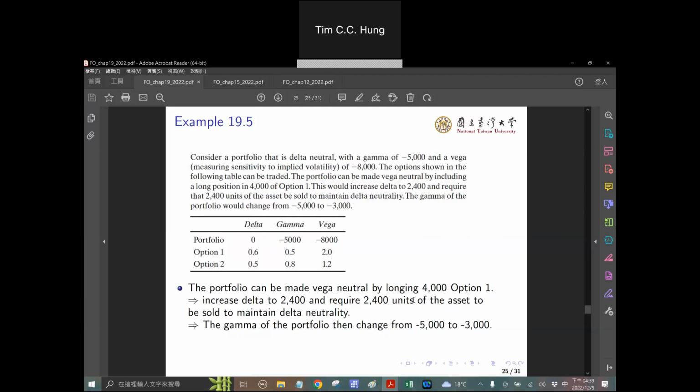Do you remember that when we short 2,000 of the underlying assets, the underlying asset is S0, and the partial derivative of S0 with respect to S0 is just 1 itself? So the underlying asset has 1 unit of delta, and it has nothing else.